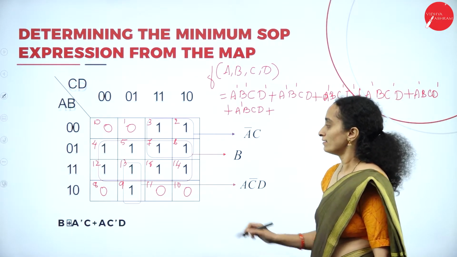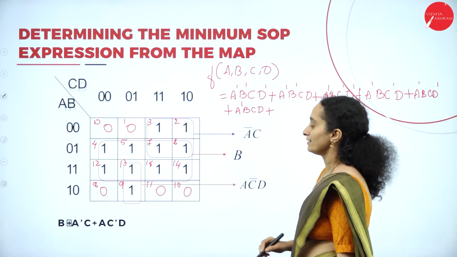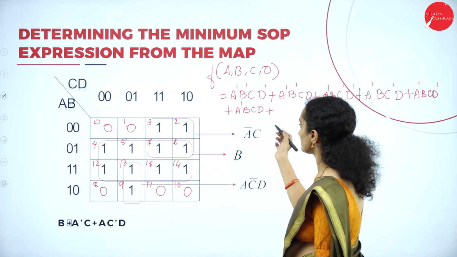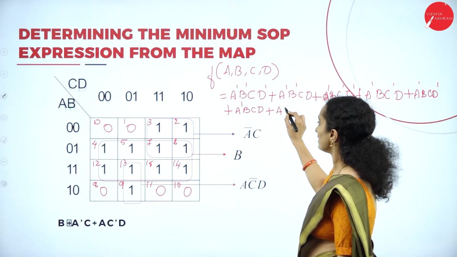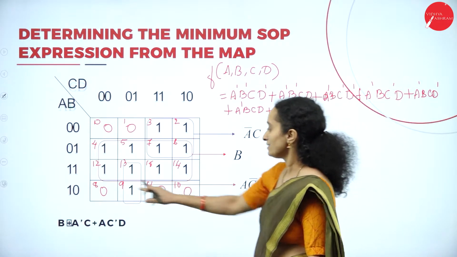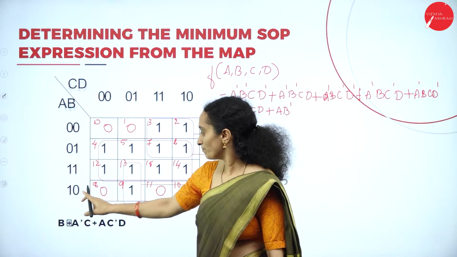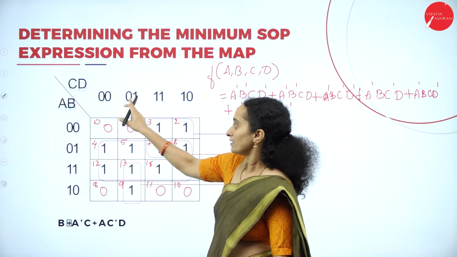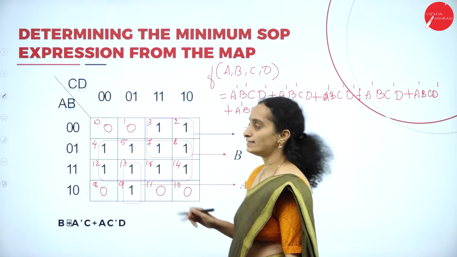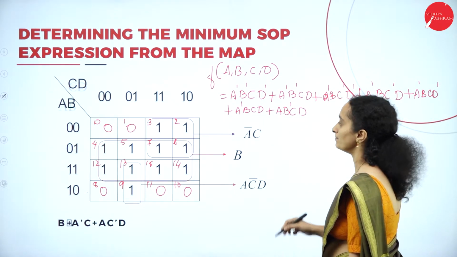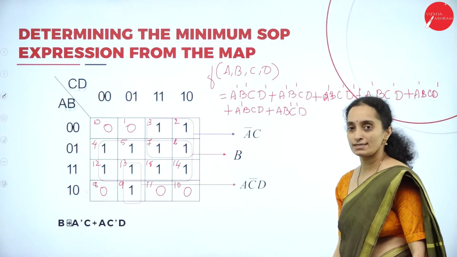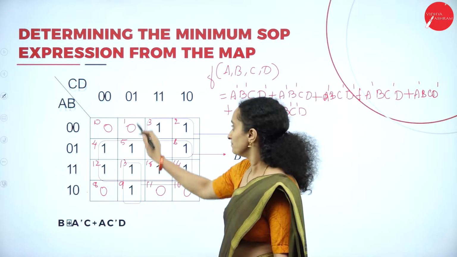Next we have 8, which is not there. Then 9 is there. 9 will be a into b dash, c dash into d.